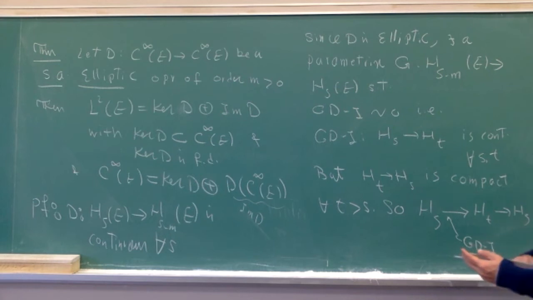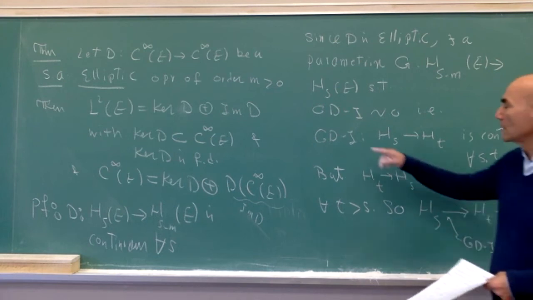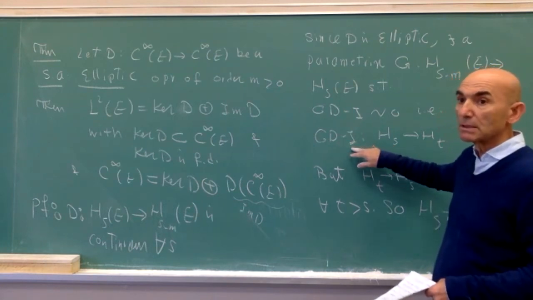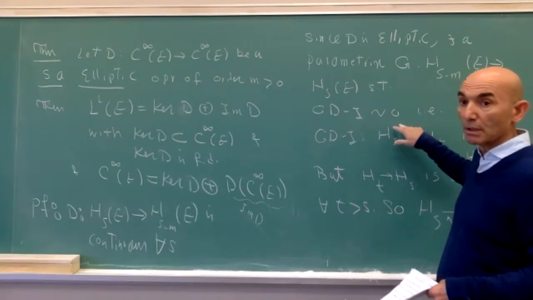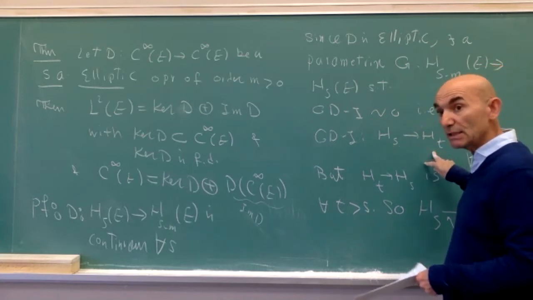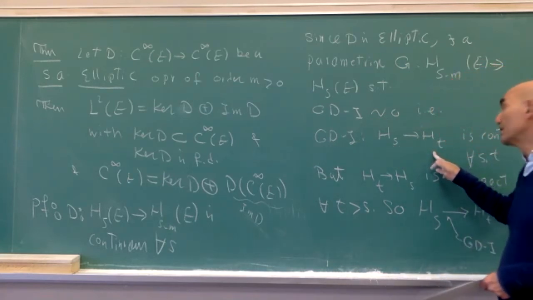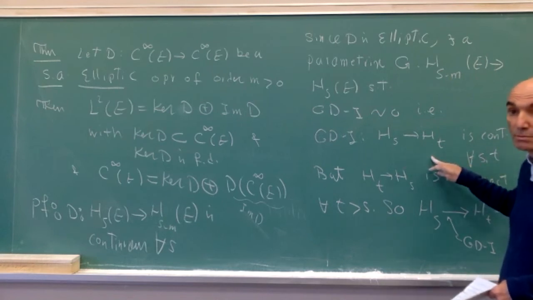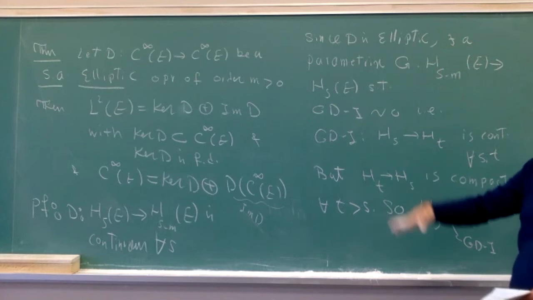Yes, but I'm talking about GD minus identity. This is infinitely smoothing, right? Infinitely smoothing means that you can define it from H^s to H^t for all s and t, and that's a bounded operator. Because we have all these Hilbert spaces to map between.